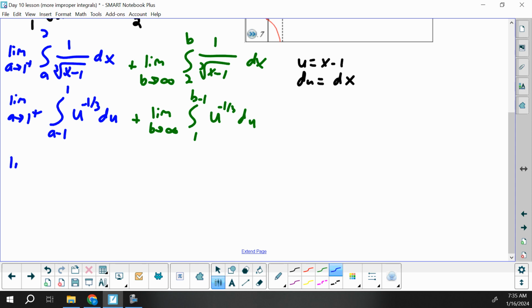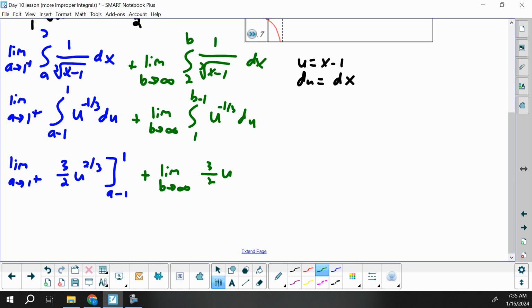So we now have limit a approaches 1 from the right. We'll have u to the 2/3 with a 3/2 out front. That's going to get evaluated from a minus 1 to 1. Plus limit b approaches infinity, we'll have the same thing, 3/2 u to the 2/3, and we're going from 1 to b minus 1. We'll sub those things in.